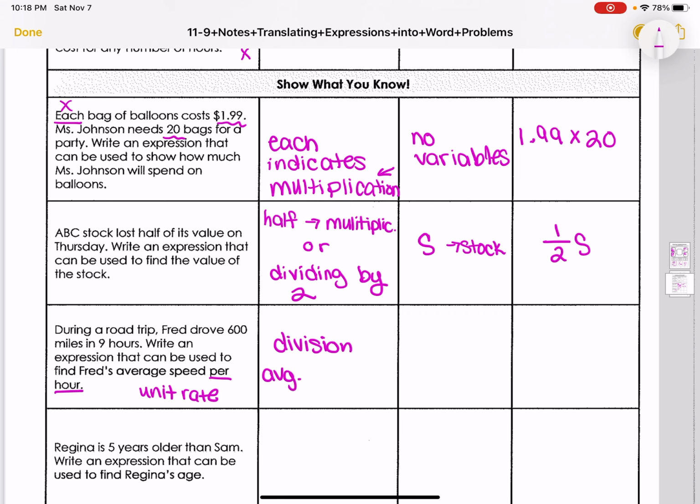So the keywords are average and per. We're not going to have any variable because it gave us the 600 miles and 9 hours. No variables. We need to find the average speed per hour. So we can take our miles over our hours. We're going to translate that into 600 divided by 9. And that's going to give us the average rate of speed for 1 hour.